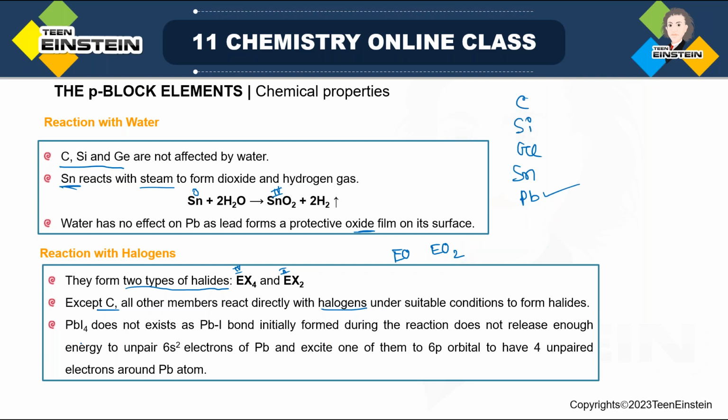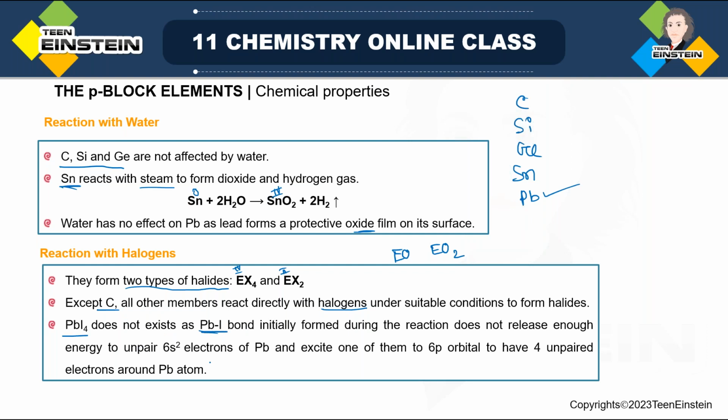Now here we have a compound of lead that is EX4 type, but which X? Iodine, that is iodide. So lead tetraiodide actually does not exist. Why doesn't it exist?